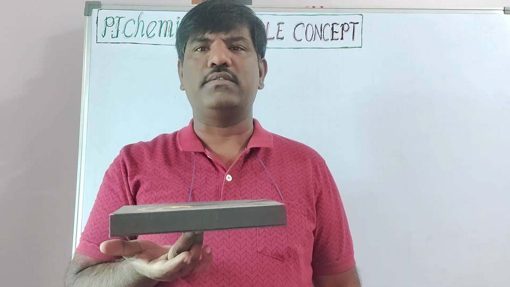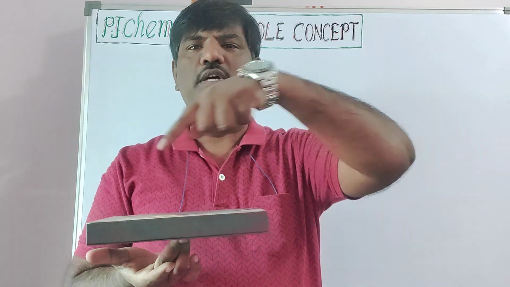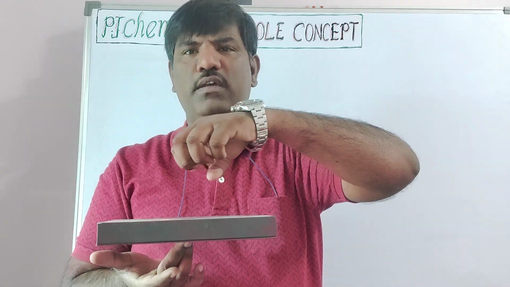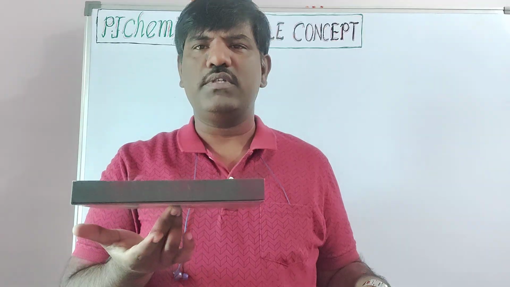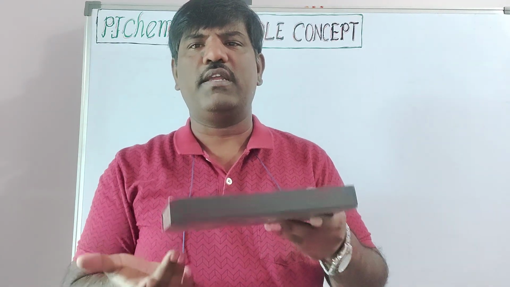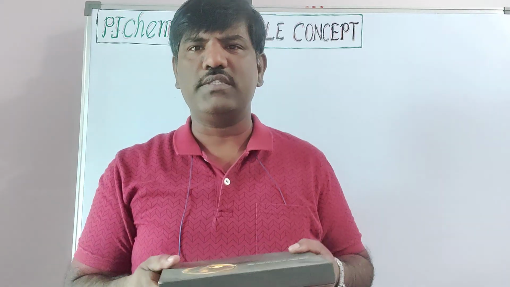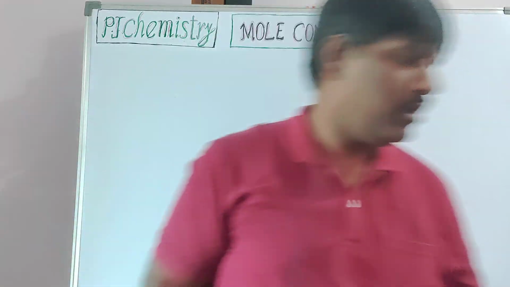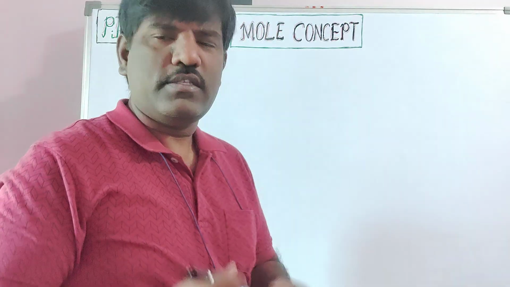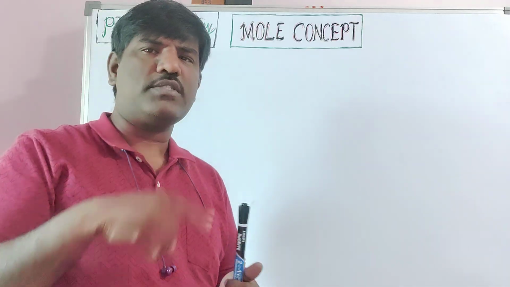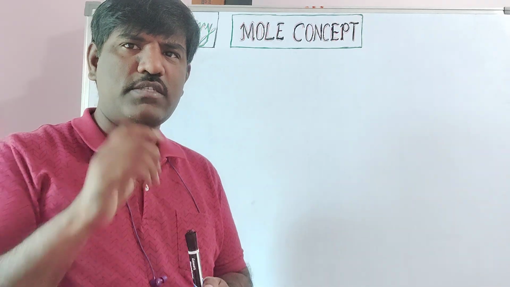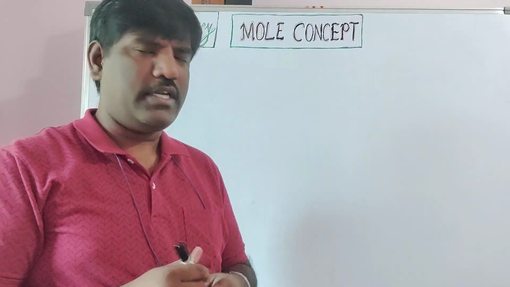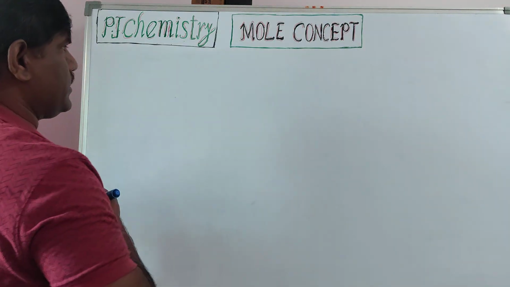It will be balanced because the total mass of the object depends upon its center. Try to put your finger here or here. Is it possible to stand? No, because the total mass of any object depends upon the center of the object. In the same way, the total mass of an atom depends upon the center of the atom. The center of the atom is called the nucleus.